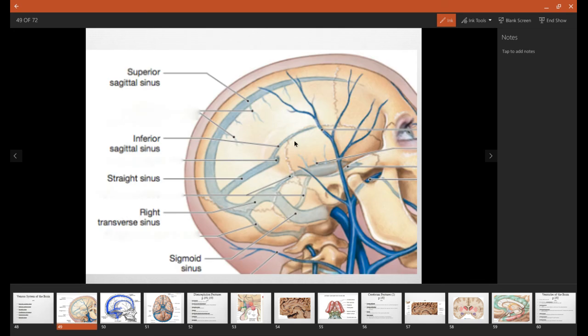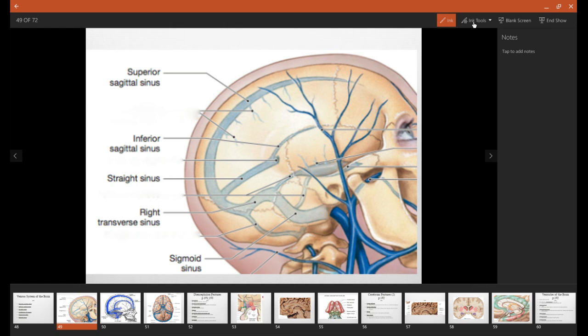So as we take a look here, this vein on top going in the sagittal plane is the superior sagittal sinus. This one below it is the inferior sagittal sinus, and we see inferior sagittal sinus draining into the straight sinus here.